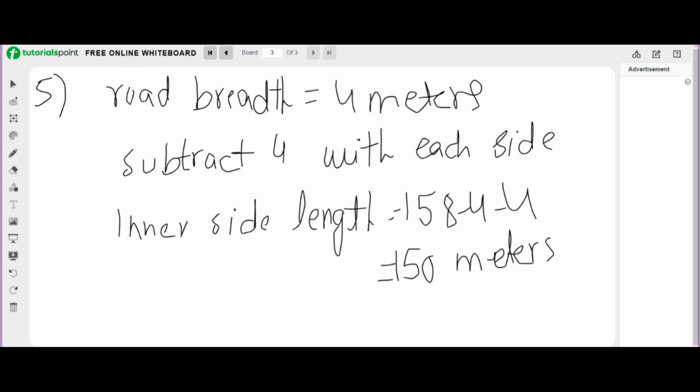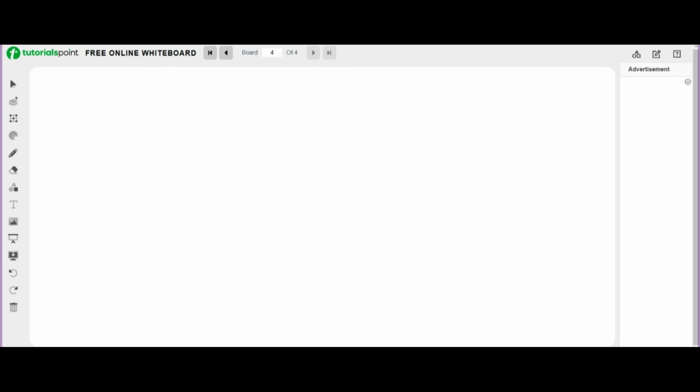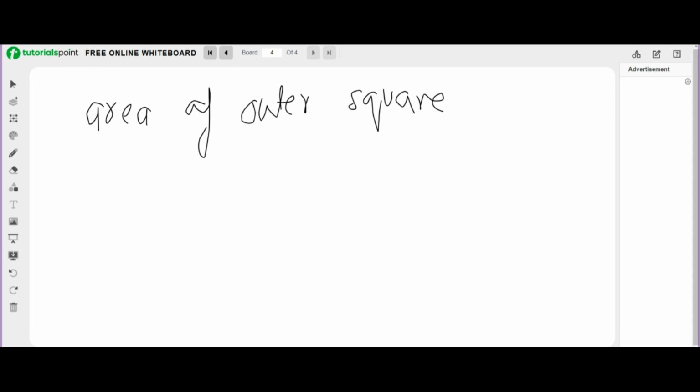You don't have to write anything, Aryan, just understand. So the area of the outer square: outer is 158 on both sides. Multiply both and give me the answer.